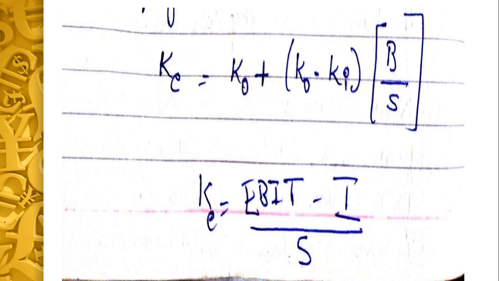But here you would not be knowing Ke in specific terms. Once again, K0 represents overall cost of capital, Ki represents cost of debt, B represents total amount of debt, S represents total amount of equity.